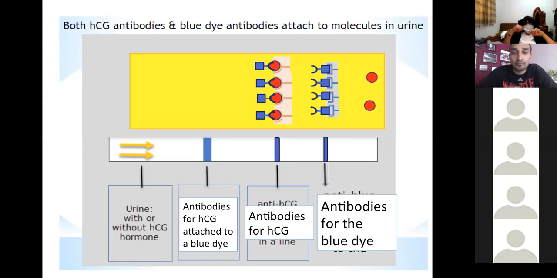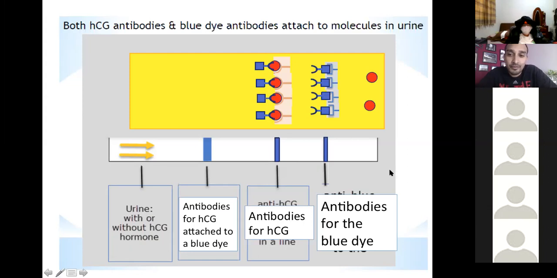You know that the dye still moved. So if there was a chance that it was positive, you know that it passed that line, the window in front of you, and got to the second part, so you know for sure there's nothing there. It tells you that the test worked.